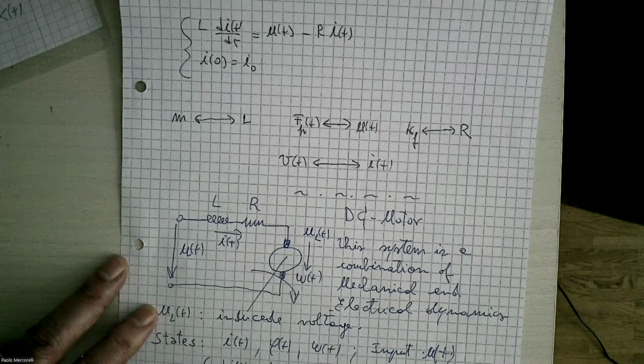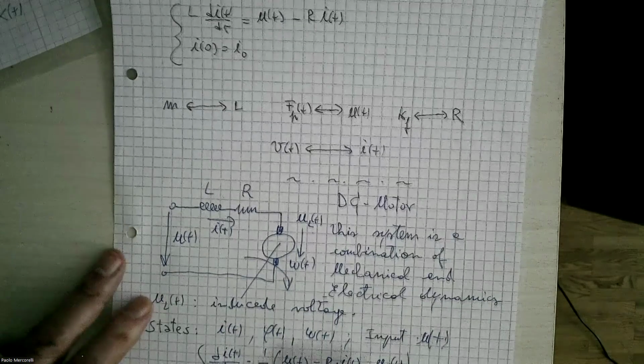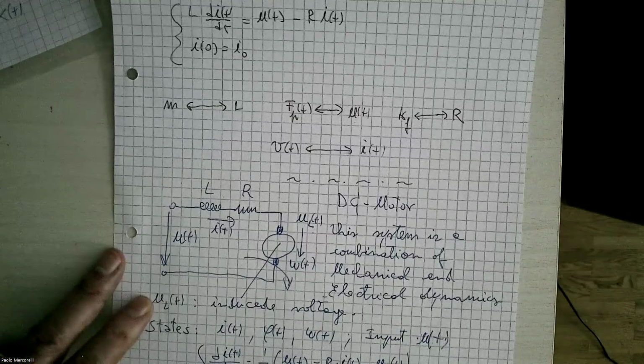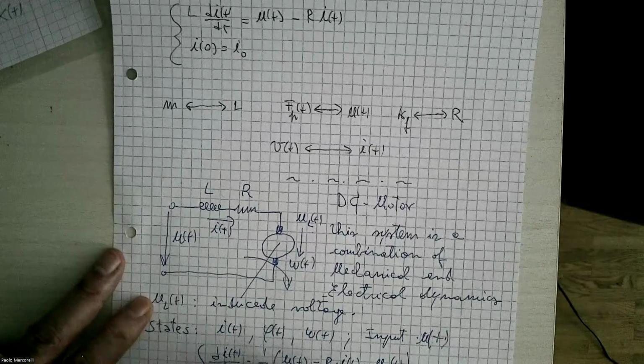Minus UL, this balance here. But UL is not a state. You remember, here must appear states and input. UL is not a state. We will see what UL is as a function of the state. The rest is easy.